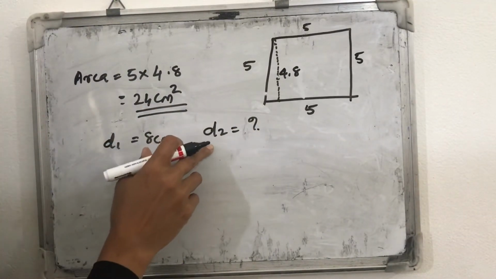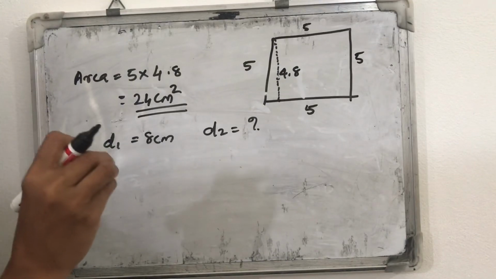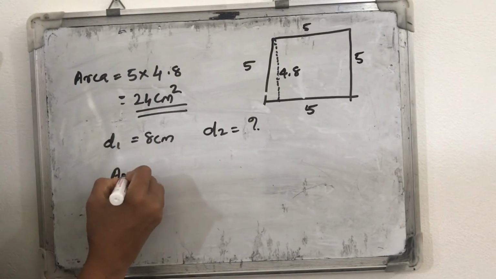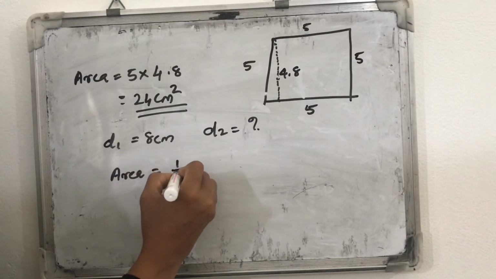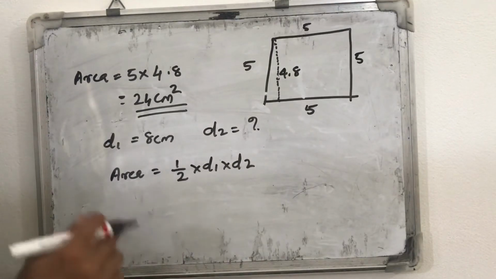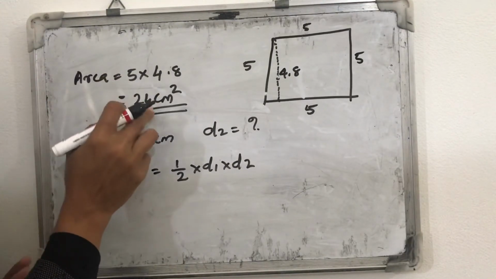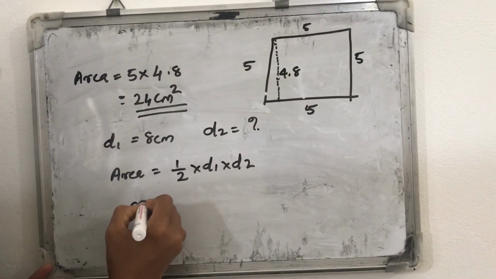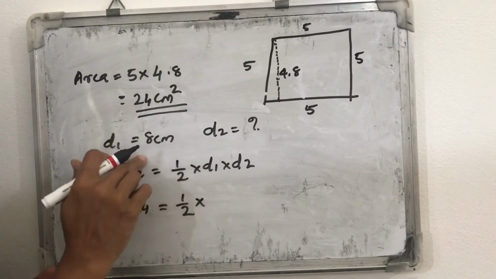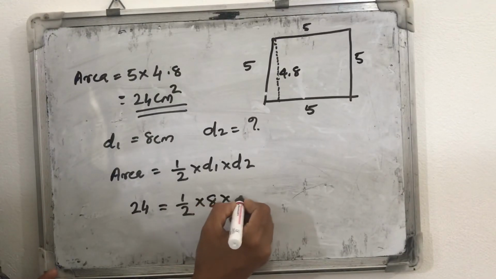For finding D2, we can use the equation of area of a rhombus. That we already know, area of a rhombus is half into D1 into D2. We got the area as 24, so substitute that value here. 24 equals half into 8 into D2.